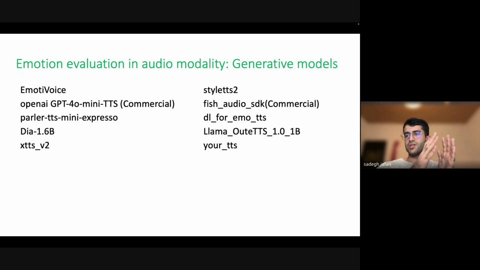For example, you can mention in the prompt that the audio should be rainy, and you can mention your emotion there by prompt. But some of them are based on a specific text set, like an emotional text set. You can just choose a specific emotion there.